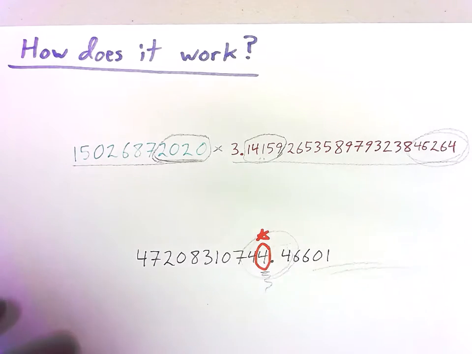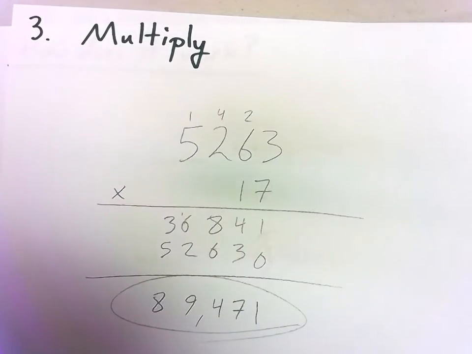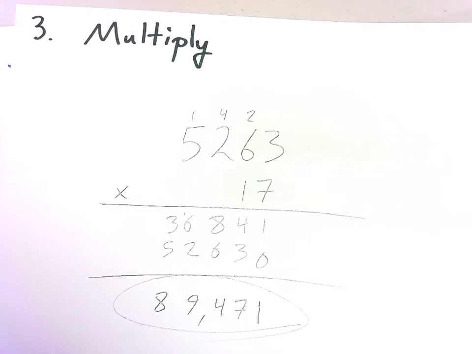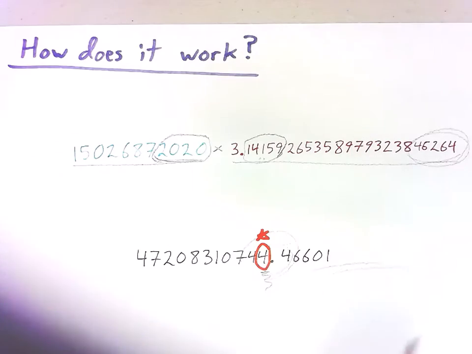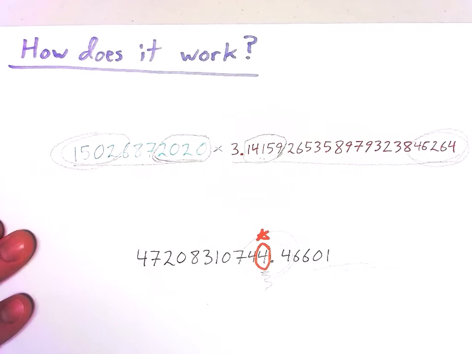Because when you're multiplying this way, you multiply every single digit by every single other digit. Every single number affects it somehow. But for instance, if you took these numbers up here times these numbers, that's going to be more what determines this part of your result.